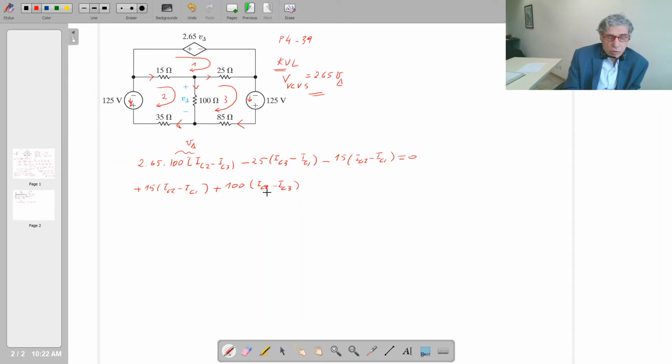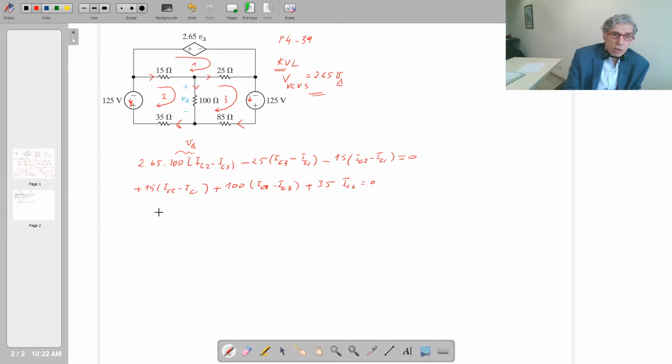I am not considering it once again because here I wrote this element current. I just repeated it here, and it is the same direction, so plus sign. The voltage of this is 25 times IC2. There's just one mesh current related with this element, and the directions are the same. So it's going to be IC2 is equal to 0.